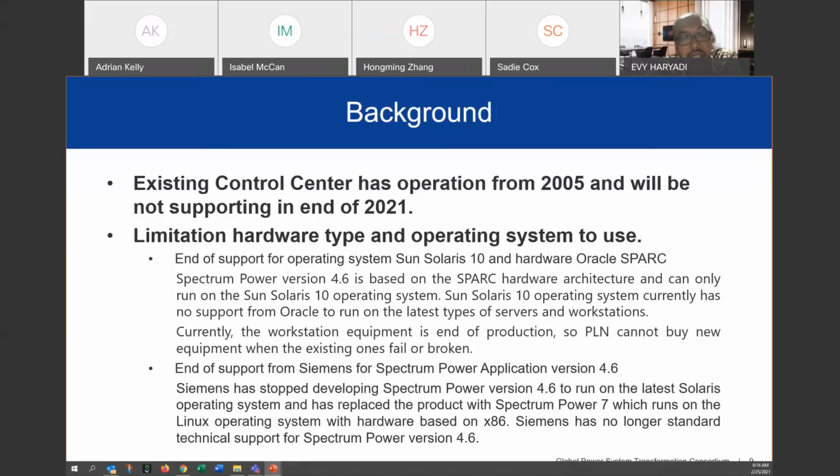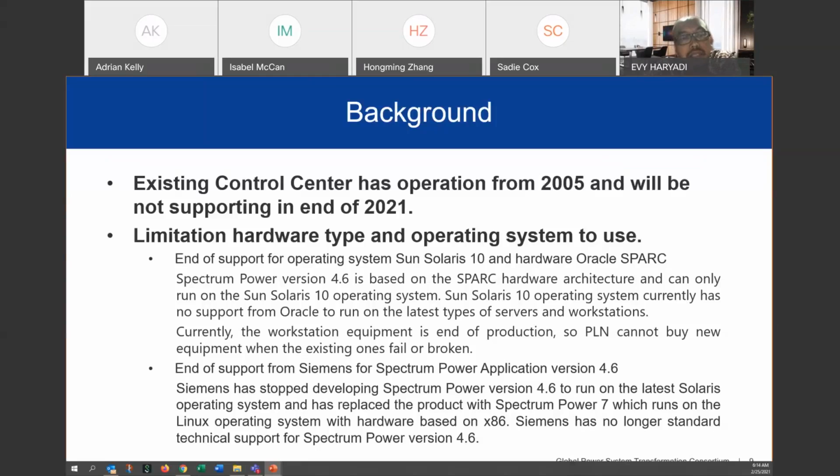We are now using the Centralized 10 operating system and Oracle Spark hardware, which have become obsolete, especially the hardware.